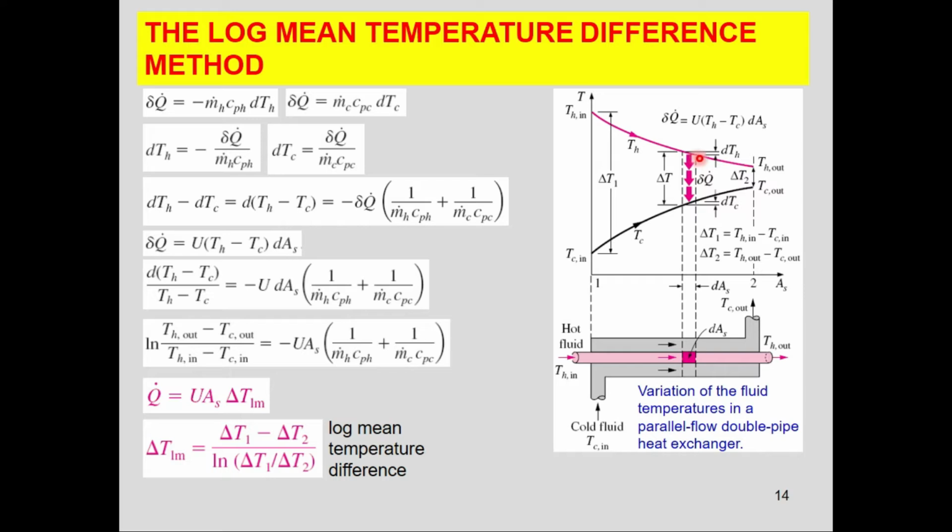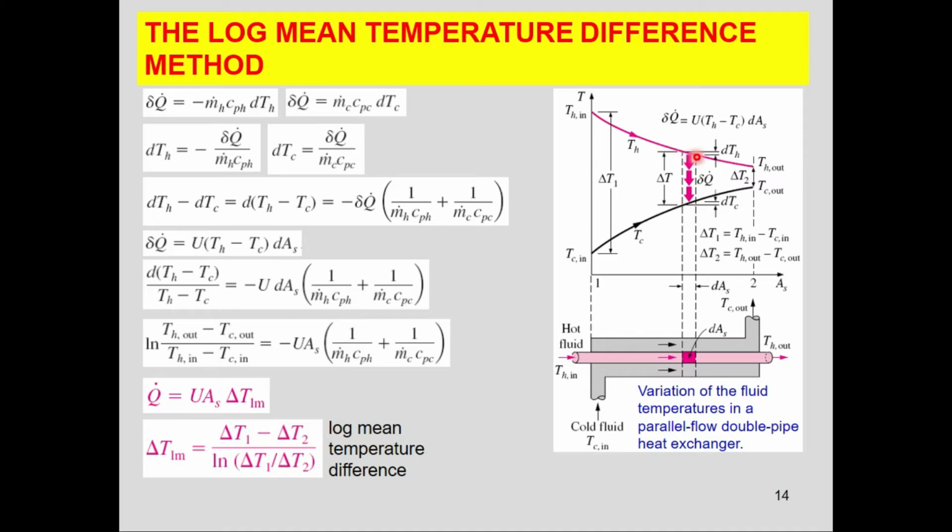First of all, we will have a look at the energy change in the hot fluid stream from this point to this point in this control element. At this point the temperature is slightly higher, but at this point the temperature is slightly lower, because we are applying the energy balance on this control element.